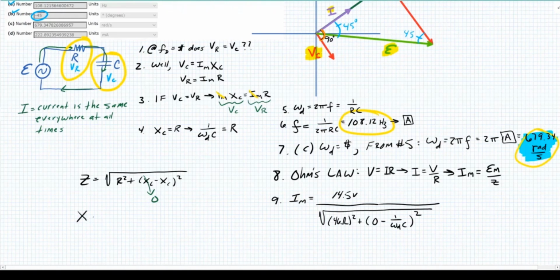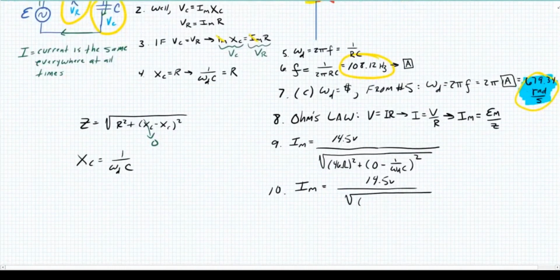So number 10, the maximum current flowing through this circuit is 14.5 volts over the square root of 46 ohms squared.